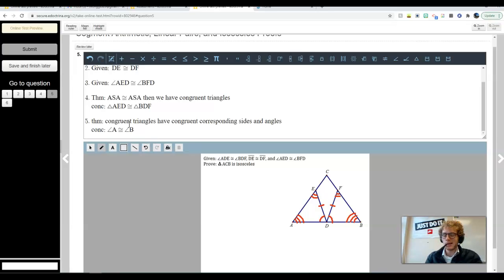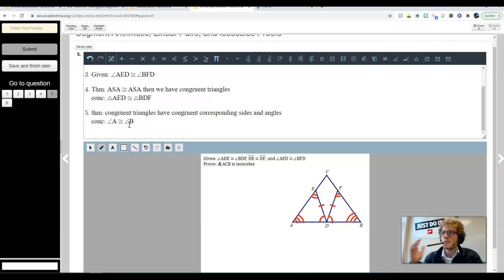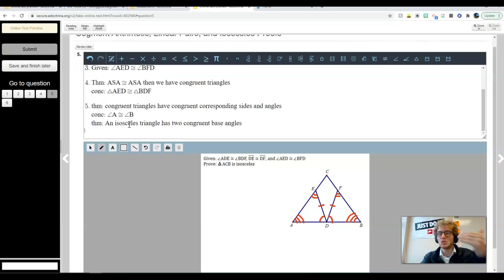So, going along with this, our next line will be a theorem saying an isosceles triangle has two congruent base angles. I'm just using that from my head. That is the definition of an isosceles triangle.